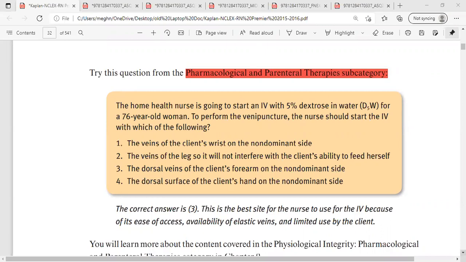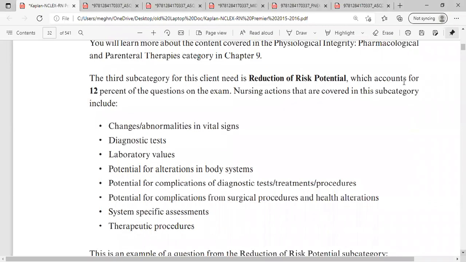And they said you will learn more about the content covered in physiological integrity or pharmacological and parenteral therapy. So physiological integrity is always coordinated with pharmacology.